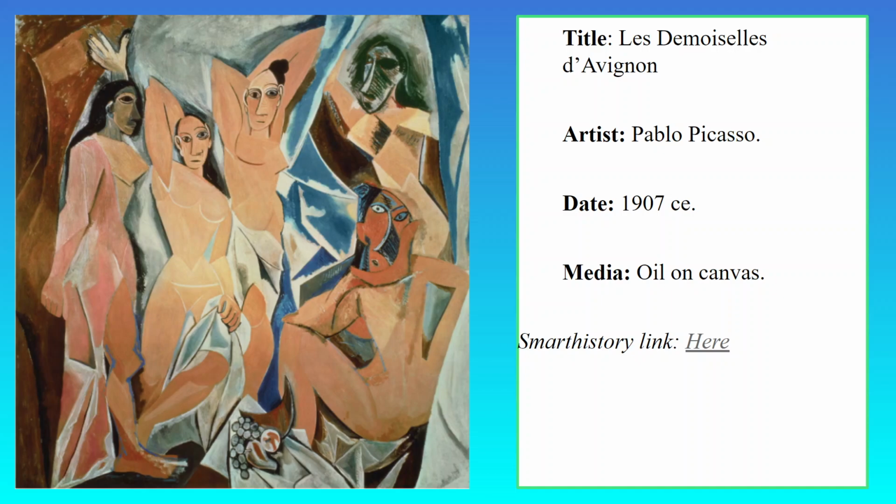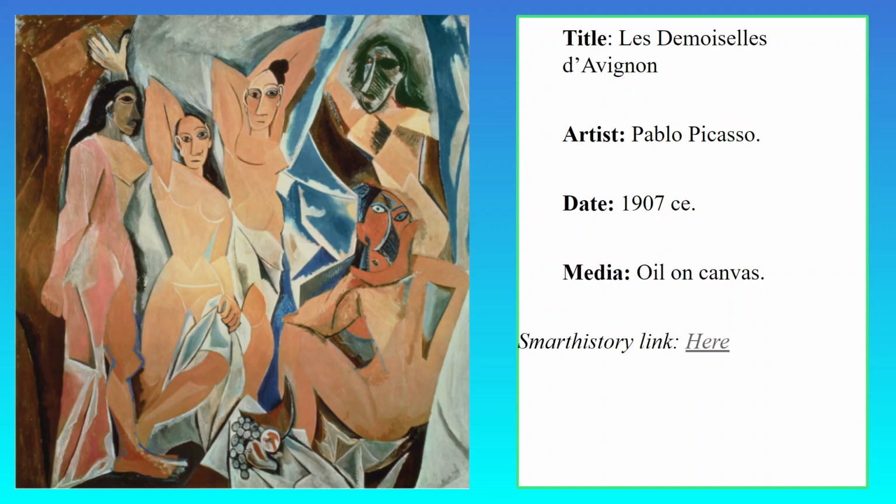Le Demoiselle. 1, 2, 3. Good. De Avignon. De Avignon on 3. 1, 2, 3. So Le Demoiselle de Avignon all together. You just ruined it for me. Le Demoiselle de Avignon. 1, 2, 3. Again, when in doubt, put a little ha-ha into it and you're fine.